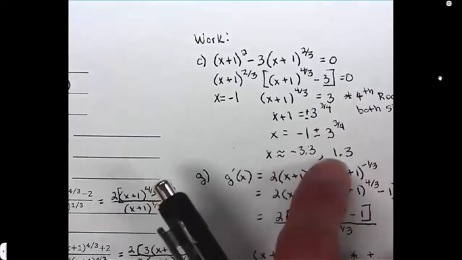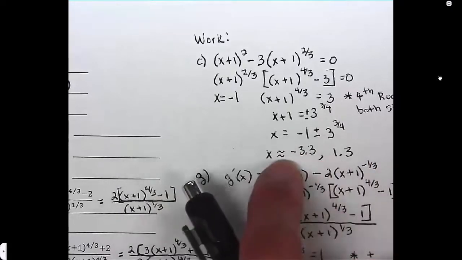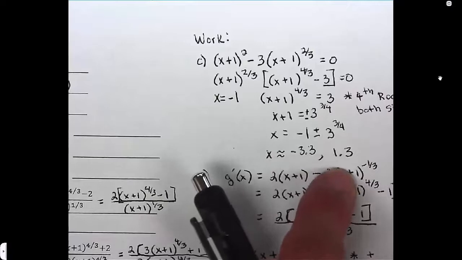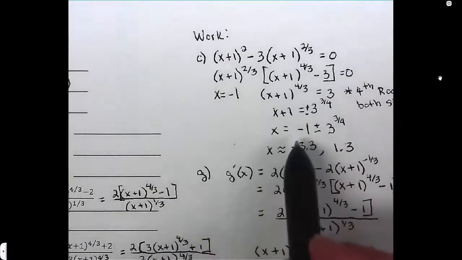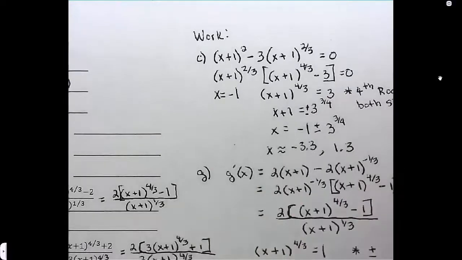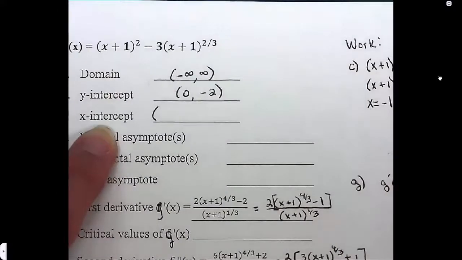And decimal approximations are about negative 3.3 and positive 1.3. And that's all you have to give me, even if the back of the book has negative 1 plus or minus 3 to the 3/4. All you need to give me is negative 3.30 and 1.30.